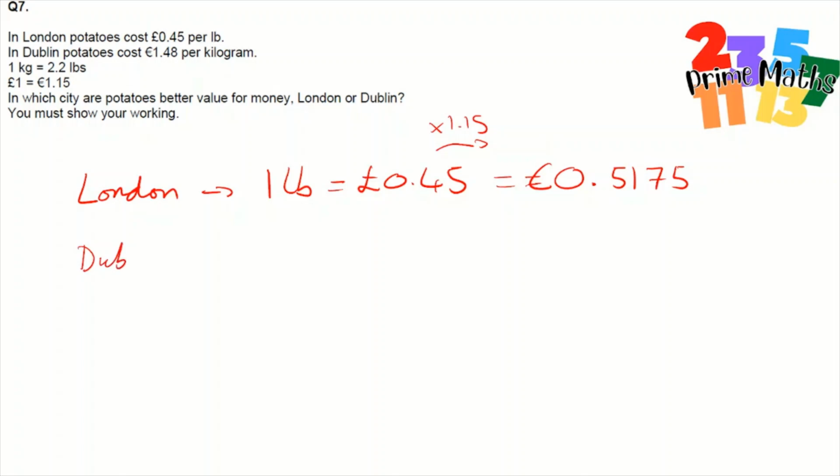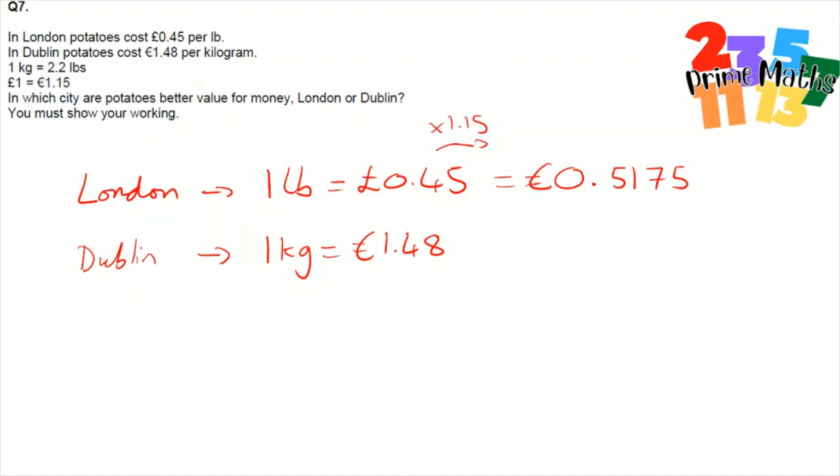In Dublin, we know that 1 kilogram of potatoes costs €1.48. Now I already have my pound of potatoes in euros, so I'm going to change the kilogram into pounds so that I can compare.